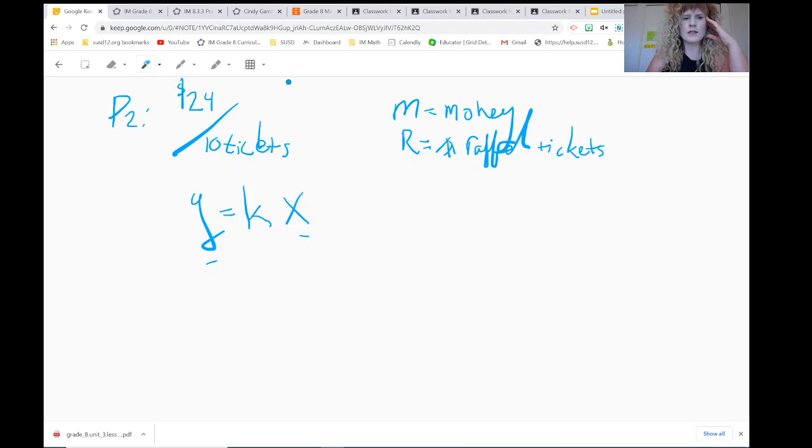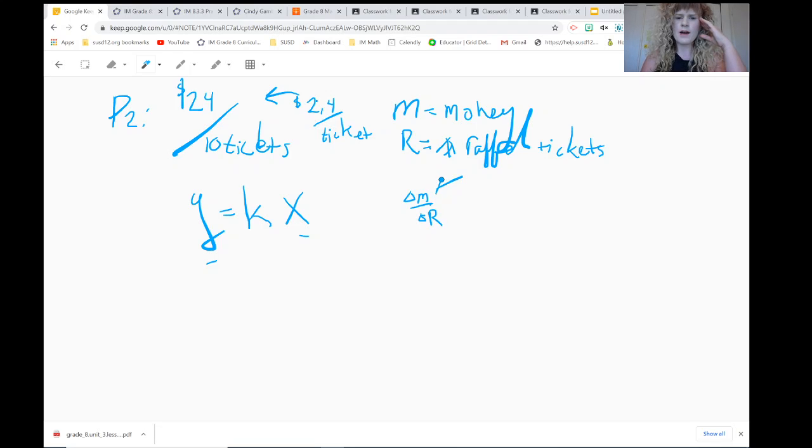Well, look at the rate. The rate is $24 for 10 tickets, which I already showed you is $2.40 per one ticket. So our rate is money per ticket. That is like change in money is how much money they earn for every raffle ticket they sell.